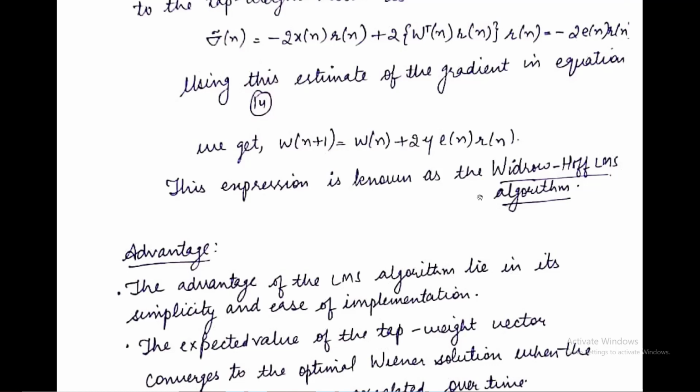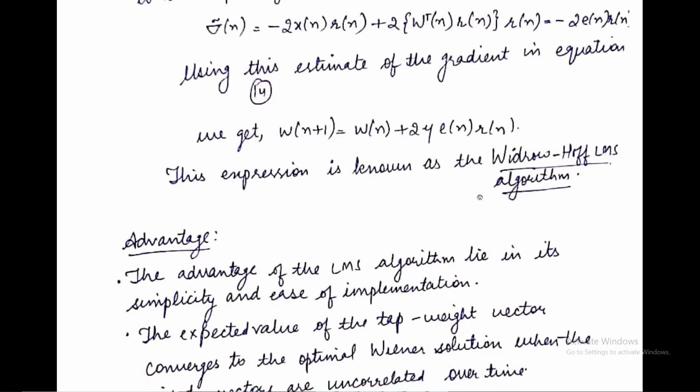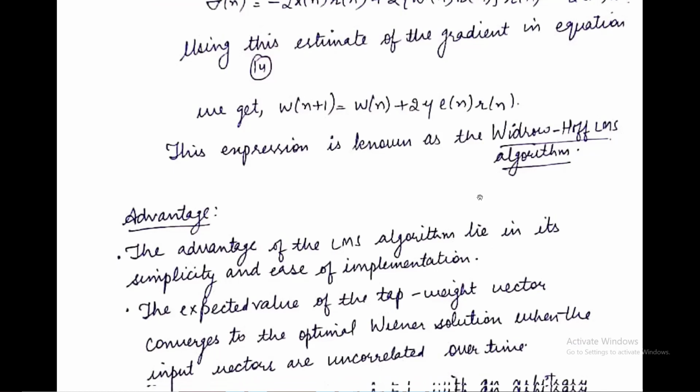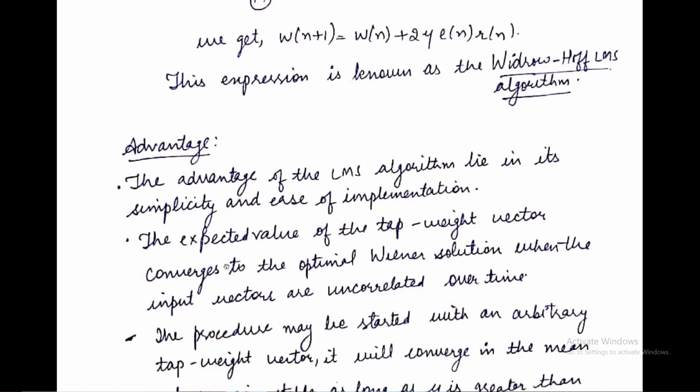Now what are the advantages of this method? The advantages of the LMS algorithm lie in its simplicity and ease of implementation. Also, the expected value of the tap weight vector converges to the optimal Wiener solution when the input vectors are uncorrelated over time.